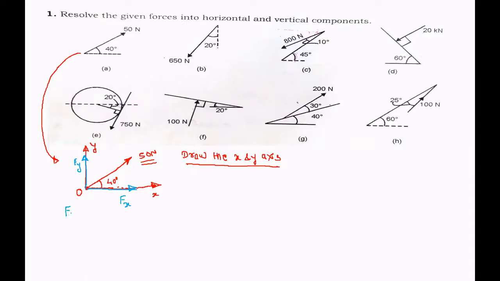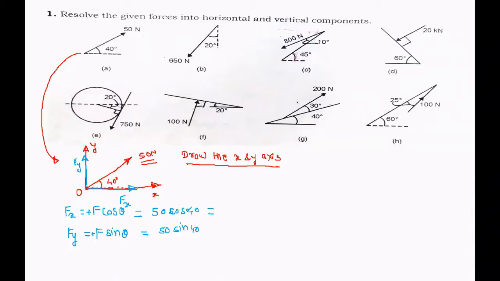So Fx value is equal to F cos theta, that is the adjacent, and Fy value is equal to F sin theta. And as it is in the first quadrant, so both are directed towards the positive x and positive y direction. So it is plus and this is the plus. So you can find out the exact value. So I will put the value 50 cos 40, and this is 50 sin 40. So I will give you the answer.